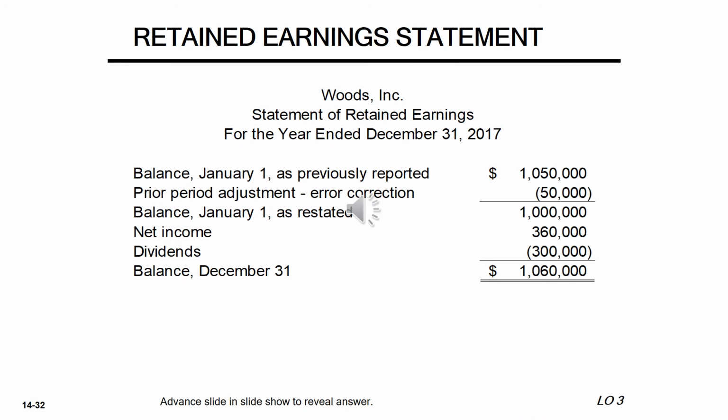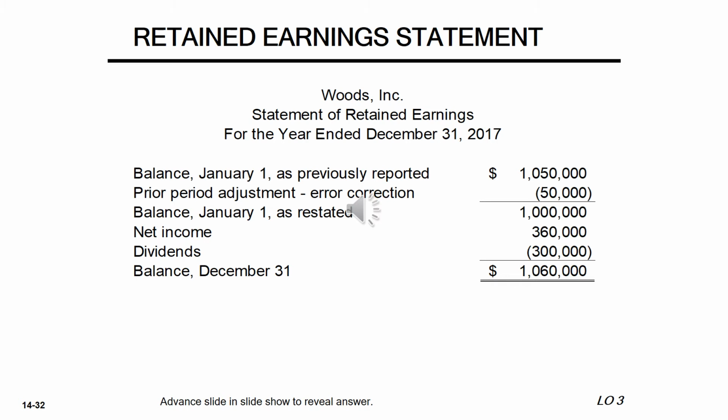Now, the answer to the previous question is, of course, yes. This needs to be adjusted on the statement of retained earnings for Woods Incorporation. So let's see how we can do this. As you can see, we have the balance on January 1st. And now we're going to add, as previously reported, the $1,050,000 that we mentioned earlier.